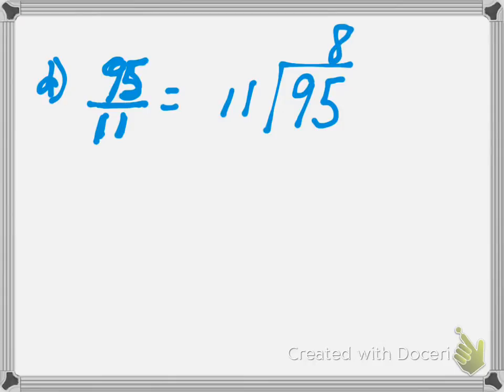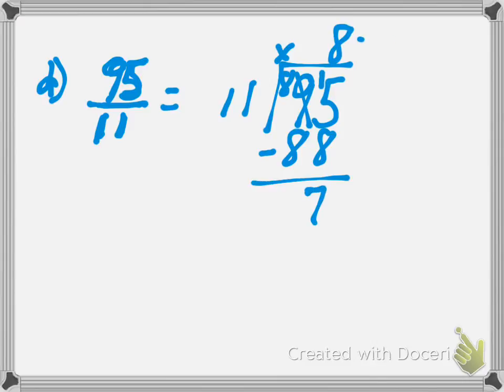It won't go into 9, so we can't put it over the 9. So 8 times 11 is 88. And then we're going to regroup here, and we get 7. And then our remainder goes up here, and our denominator stays the same. So that is equal to 8 and 7/11.